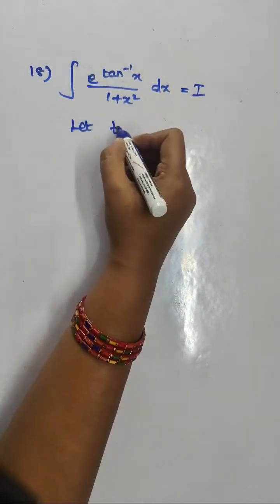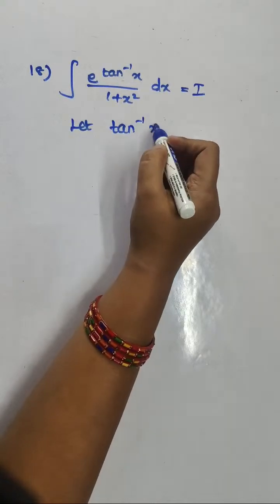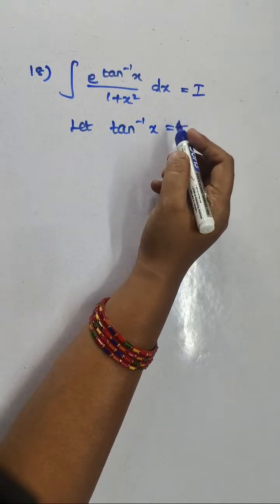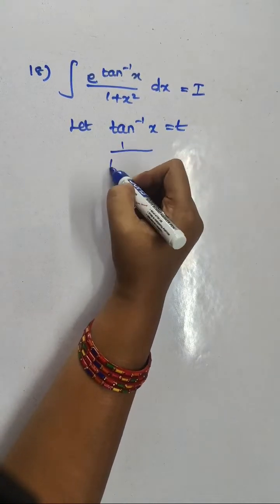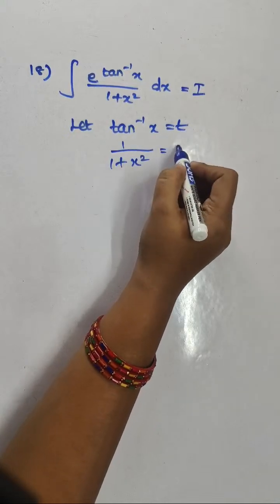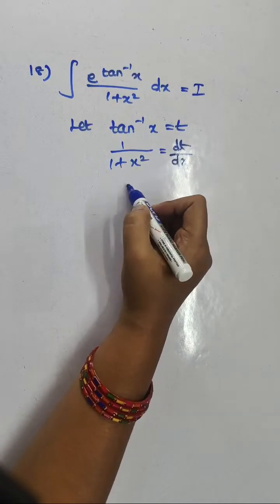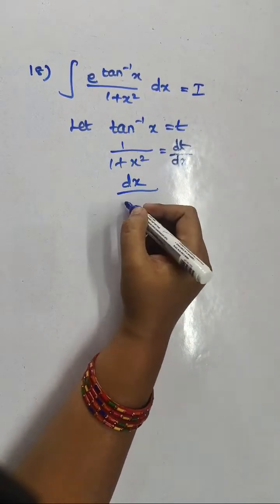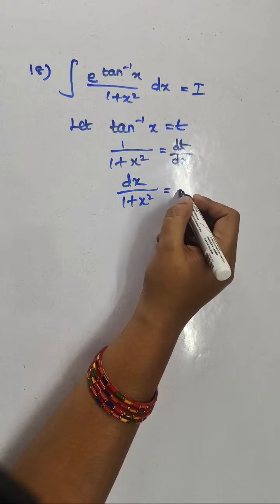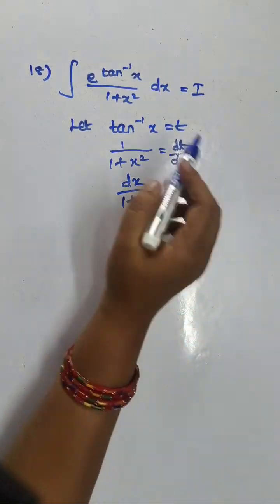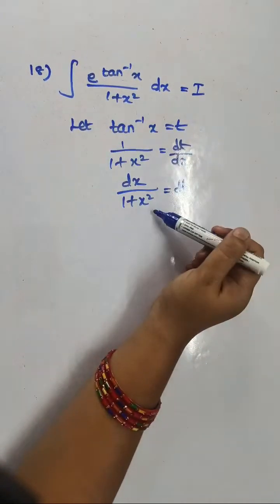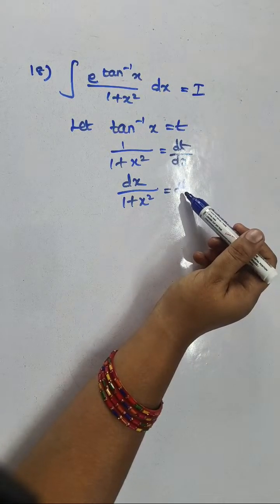So let tan inverse of x equal to t. So we will get 1 by 1 plus x square equal to dt by dx. Take this dx term to the left side. So now we got dx by 1 plus x square equal to dt.